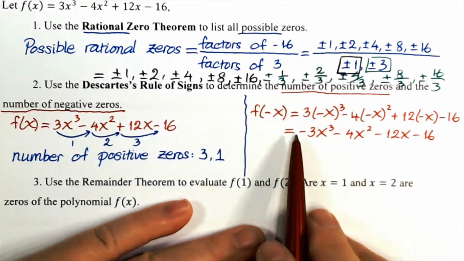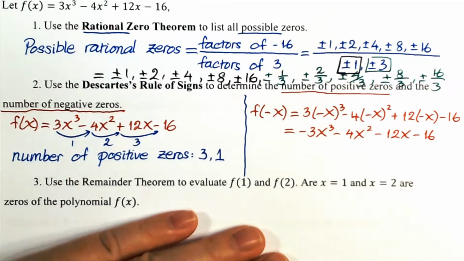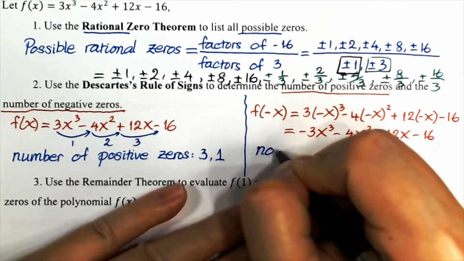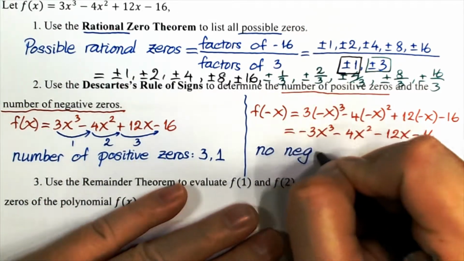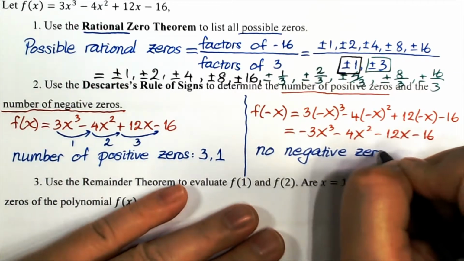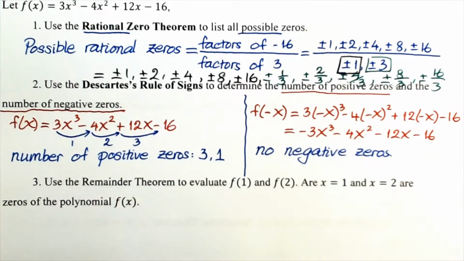As we see, all the signs are negative and there are no sign changes, so we say no negative zeros.